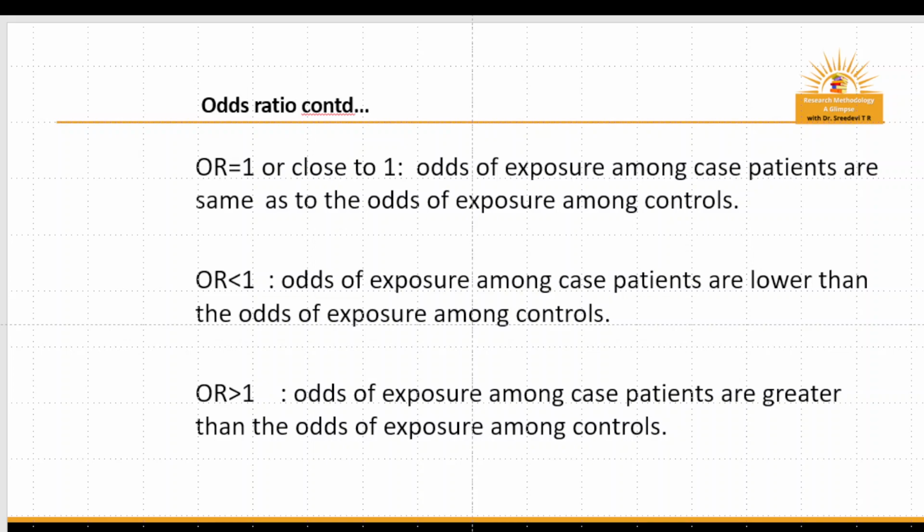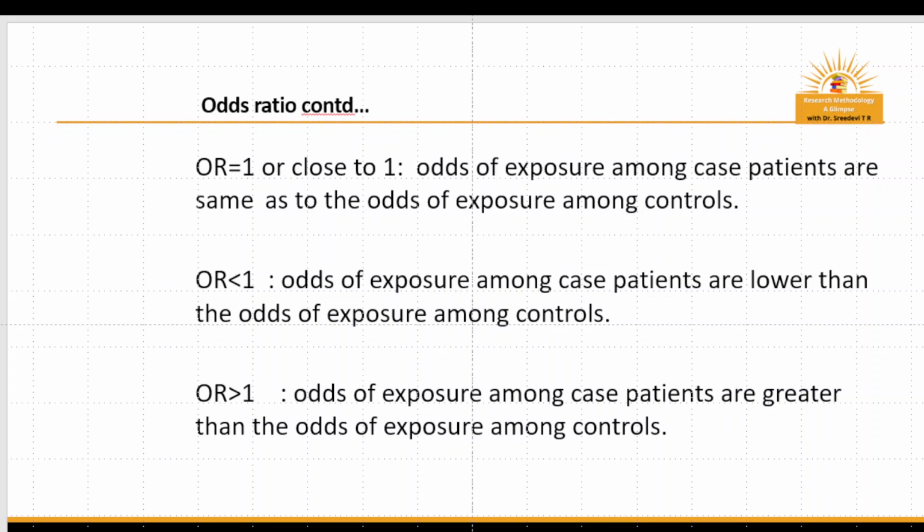OR less than 1: odds of exposure among case patients are lower than the odds of exposure among controls. In the same example, smokers are less likely to have lung cancer. OR more than 1: odds of exposure among case patients are greater than the odds of exposure among controls. That is, smokers are more likely to have lung cancer.